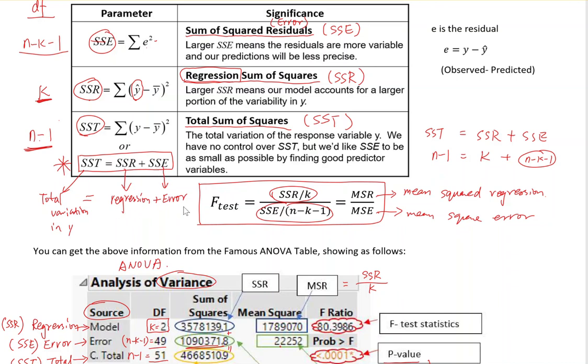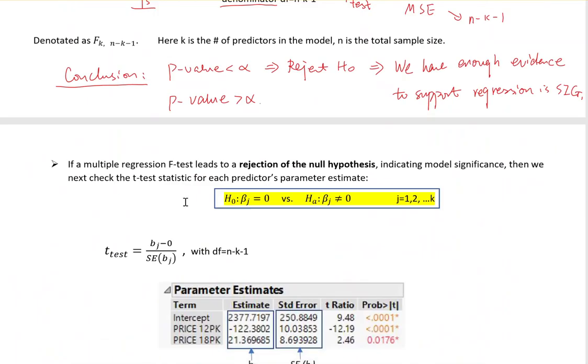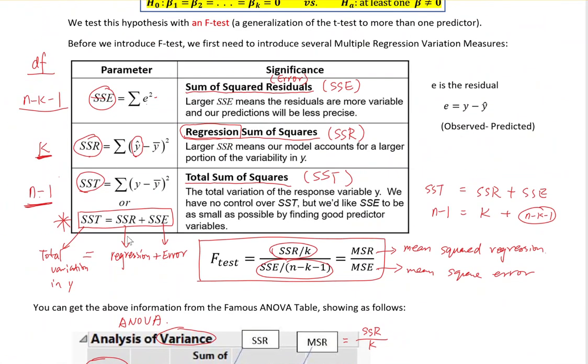SSE is the variation in Y caused by the random error. So actually the R-square is the proportion of the SST, so it will be SSR divided by SST.